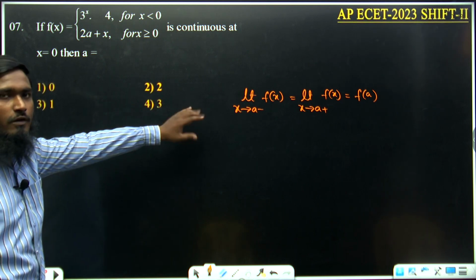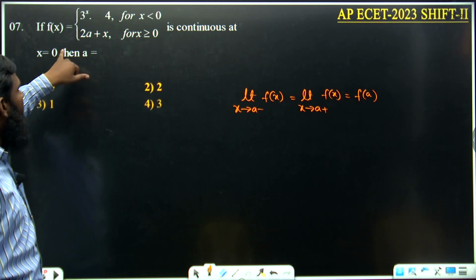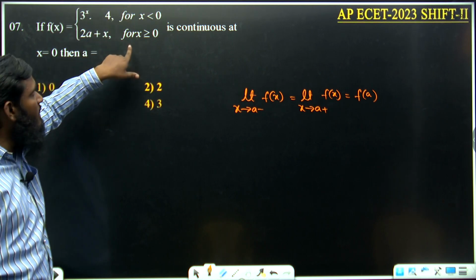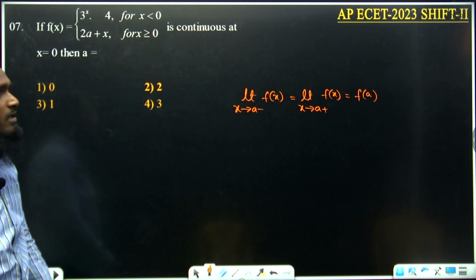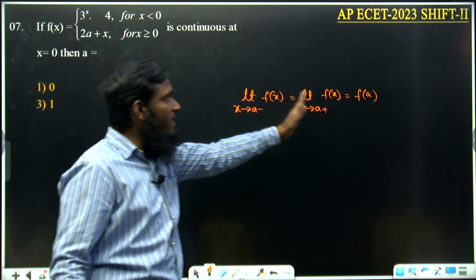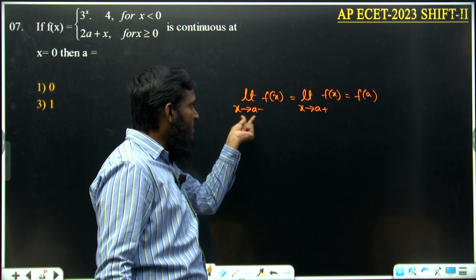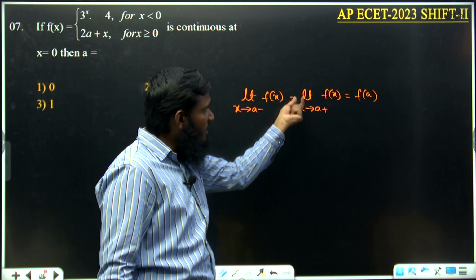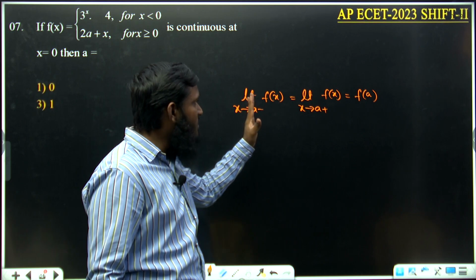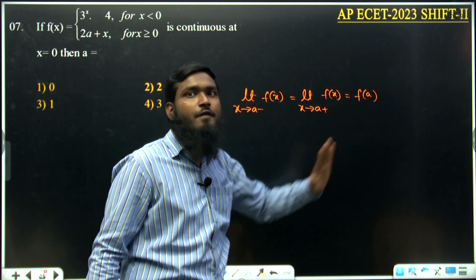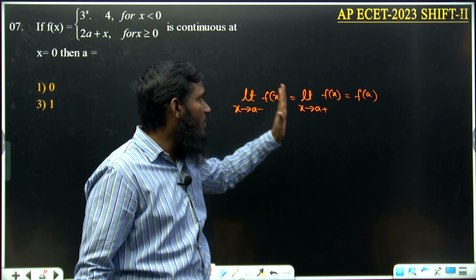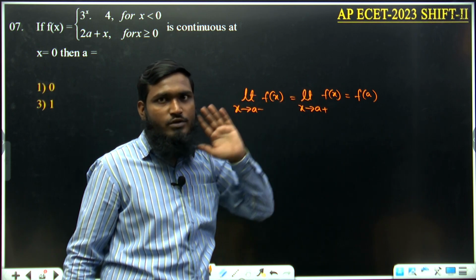Now in the place of this, we have taken a, with x less than 0 given and x greater than or equal to 0 given. Already it has been mentioned that it is continuous, which means all three values are equal: limit x tends to a minus f of x, limit x tends to a plus f of x, and f of a. That means the LHL, the left hand limit, the RHL, the right hand limit, and the function value are equal.